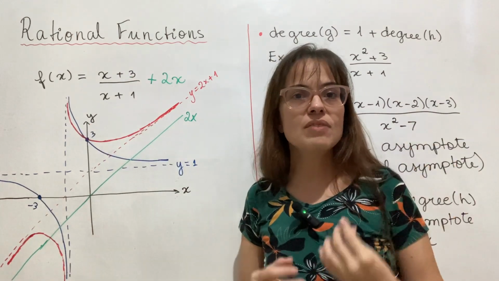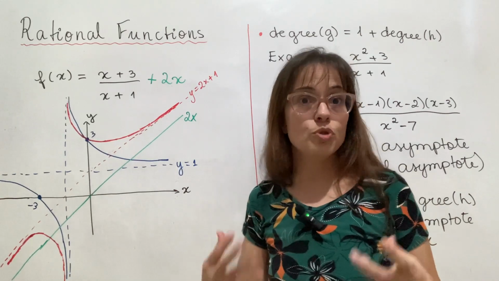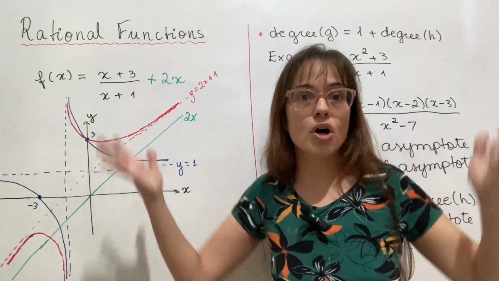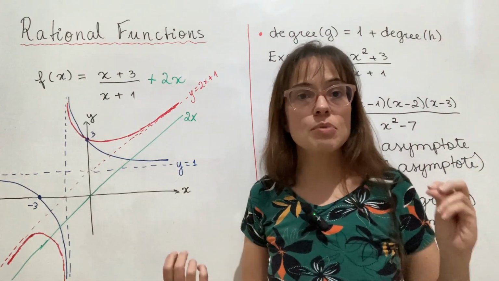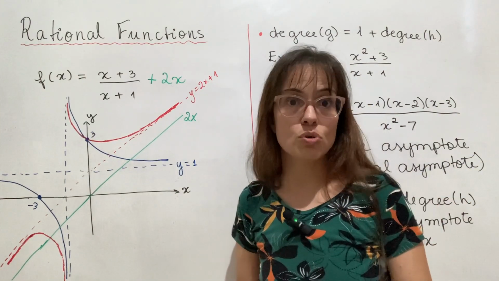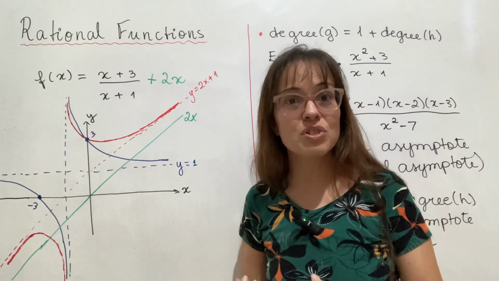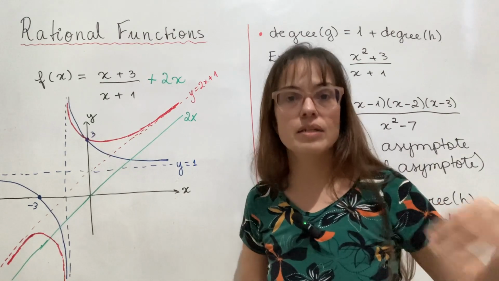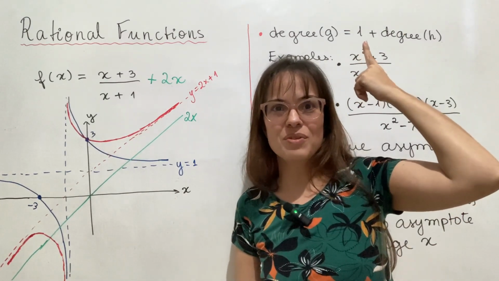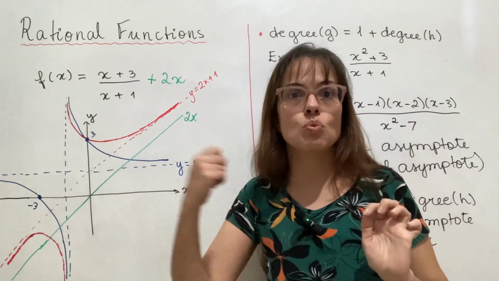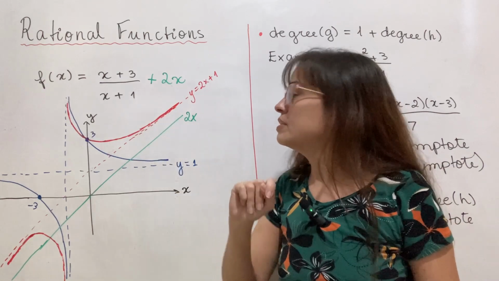But even though you can call it asymptotic behavior, like it would be a function that has the same asymptotic behavior as a quadratic function, that is not the same as using the word asymptote, because the definition of the word asymptote includes the fact that it is a line. It needs to be a straight line. So that's what this number 1 here is about. It has to be exactly plus 1 because we are adding 1 degree here.